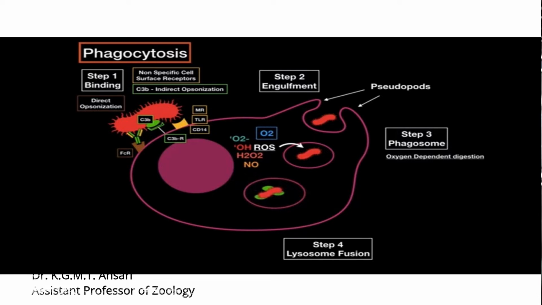This process may happen in any of the pathways responsible for immune responses: the classical pathway, the alternate pathway, or the MBL pathway, the mannose binding lectin pathway. Whichever pathway is involved, binding starts between the cell and the foreign organism, using indirect opsonization with C3b, or direct opsonization with Fc receptors through antigen-antibody interactions.